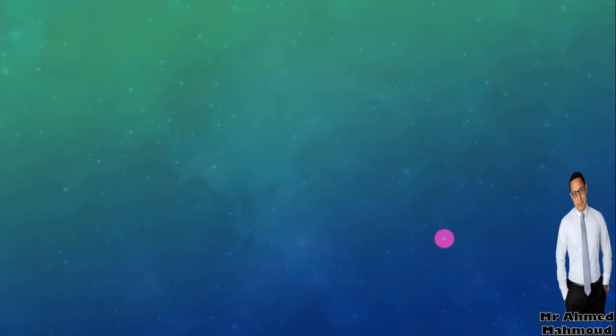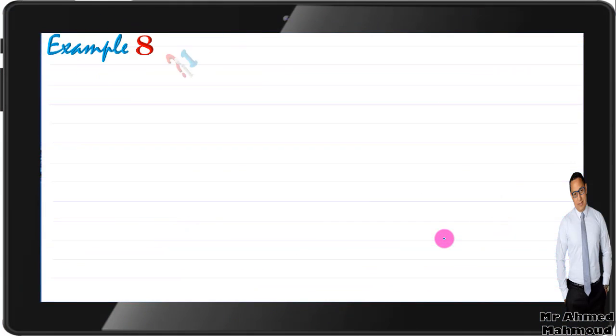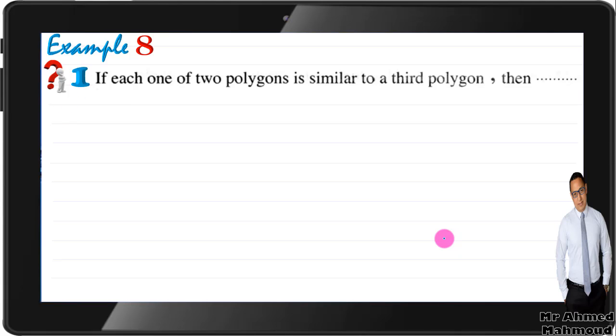Example 8. If each one of two polygons is similar to a third, then they are similar.